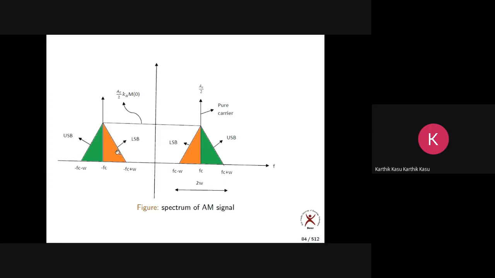So generally, students make a mistake here. They will write this is lower side band, this upper side band. No, you take mirror image or reflection of this spectrum. You take reflection. What happens? Just like this. So if you take reflection, this comes here. This comes here. Is it okay?